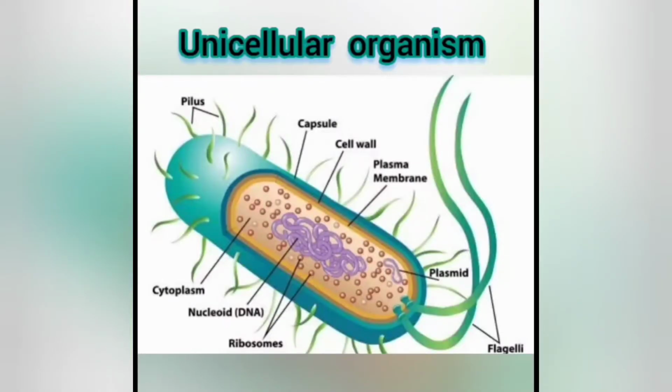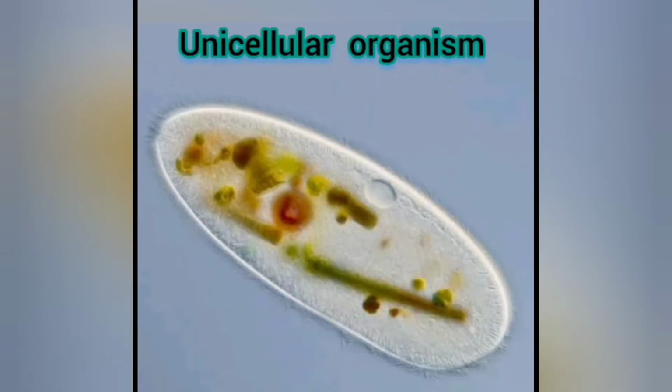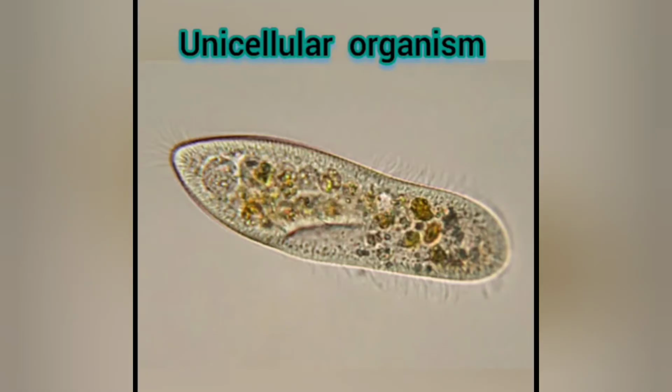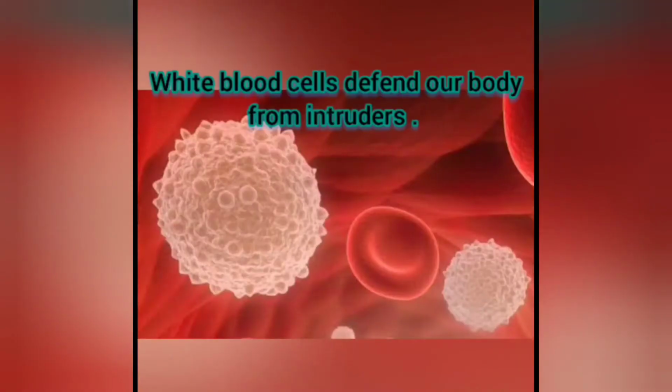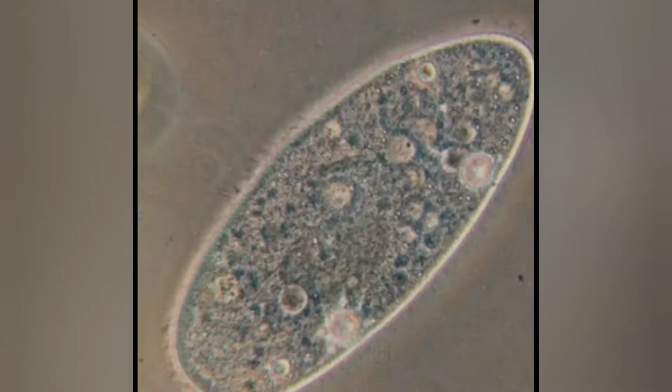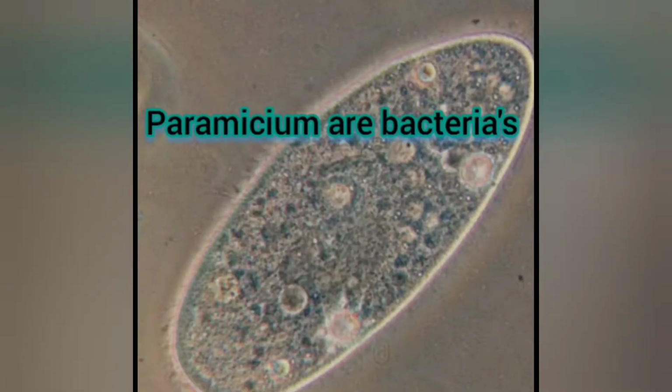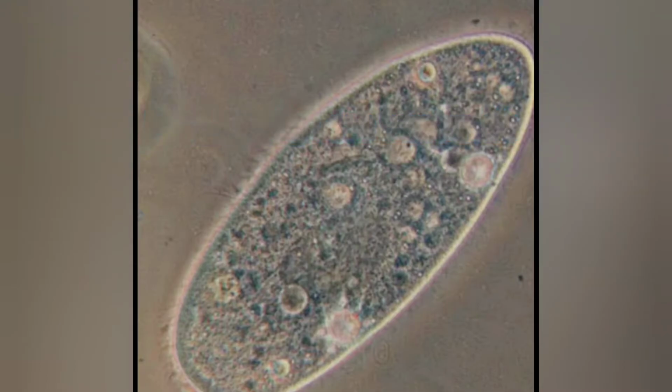The unicellular organism only contains one cell. The one cell of that organism must be able to perform all the functions necessary for life. These functions include metabolism, converting the eaten food into energy, homeostasis, meaning maintaining and sustaining or stabilizing the functions and conditions of the body, and mainly reproduction.